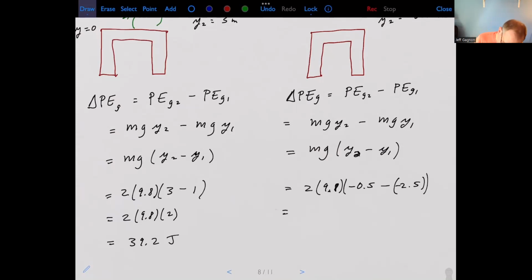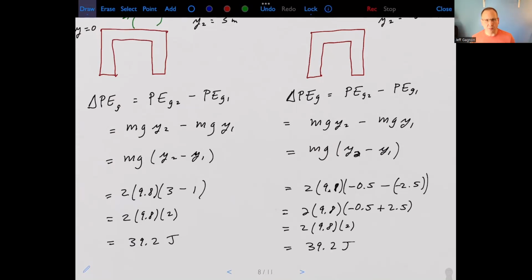Okay, so if you're careful here, this is going to be negative 0.5, and then I have minus a negative 2.5, which is plus 2.5, but that's just plus 2 again. And of course, we get exactly the same value, 39.2 joules.